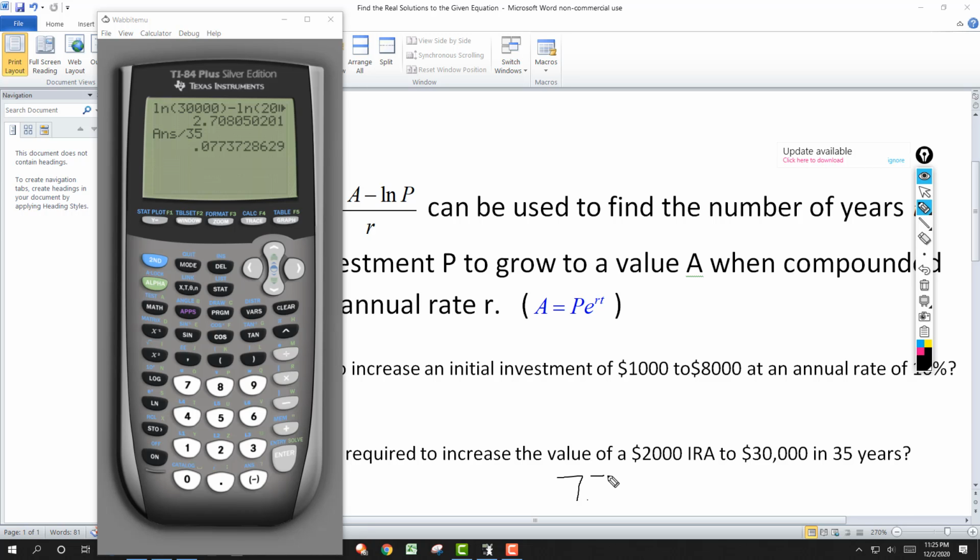So let's put this as 7.74%. Okay. So that's what rate you'd have to have in order for the 2,000 to grow to 30,000 in 35 years. Okay, so let's clear this.